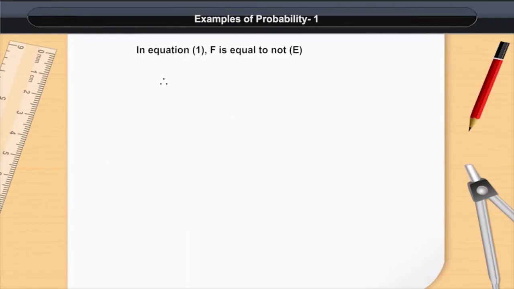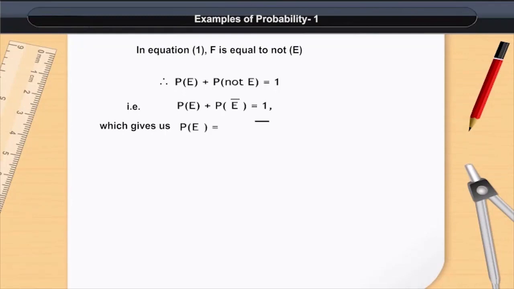In equation 1, F is equal to not E. We will denote them by not E and E. Therefore, P(E) + P(not E) = 1. That is, P(E) + P(E bar) = 1, which gives us P(E) = 1 - P(E bar).